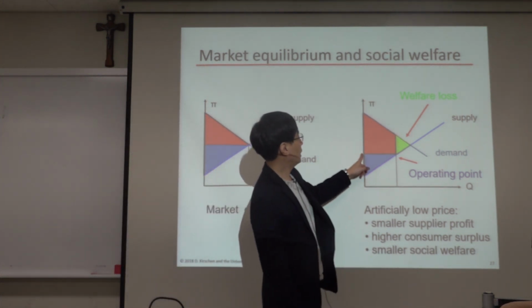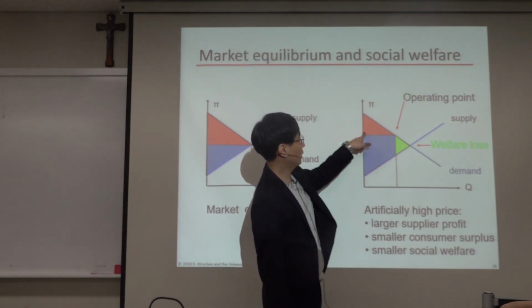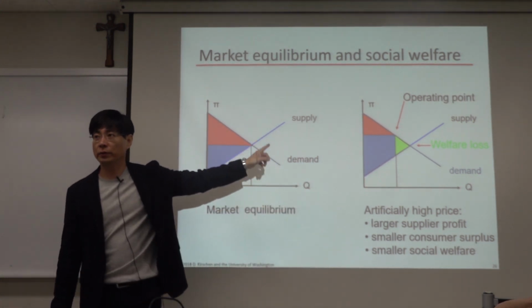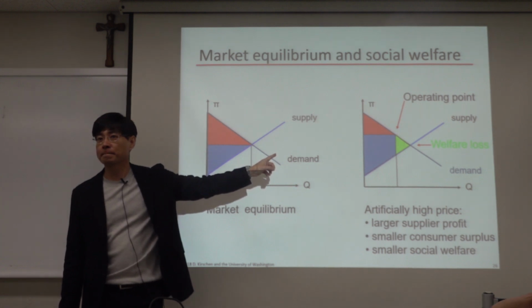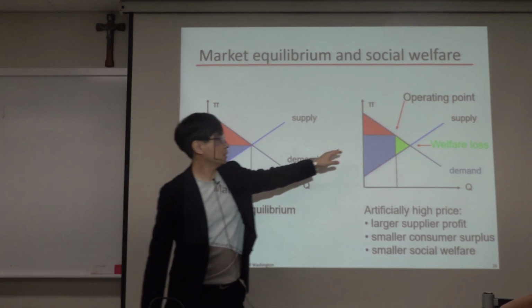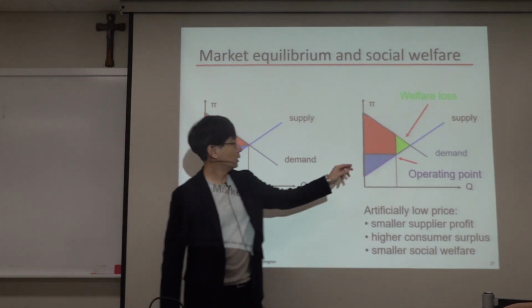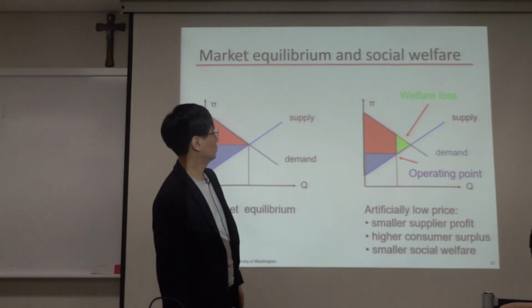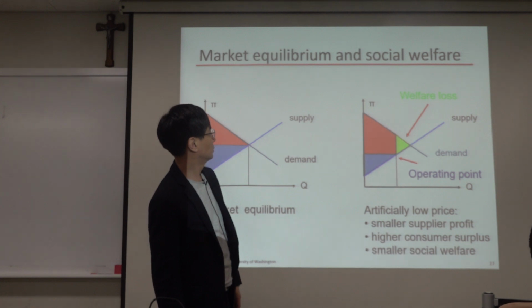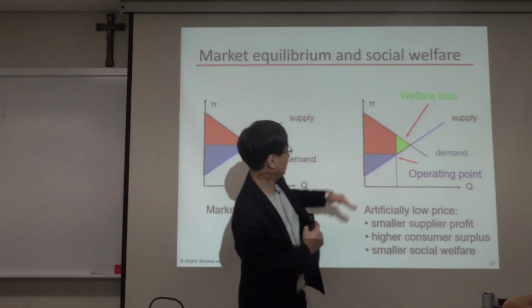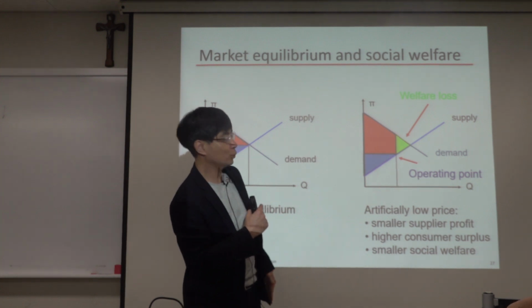So when the price is here or there, can you see that that point is not Pareto efficient? Do you see that? This is not Pareto efficient because... is it true? Are you sure?